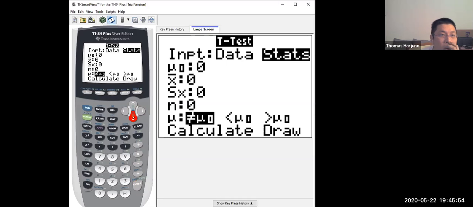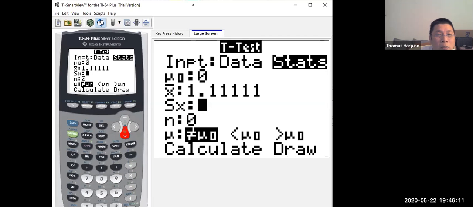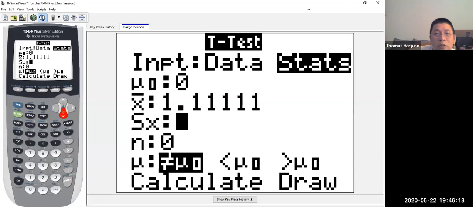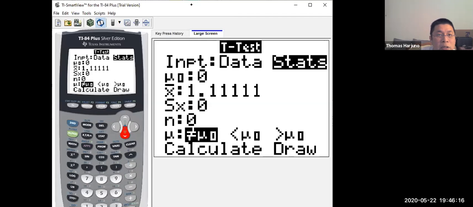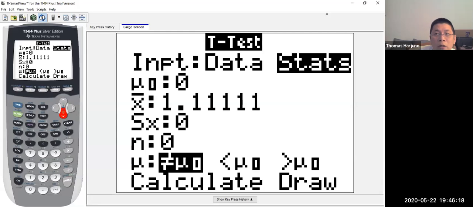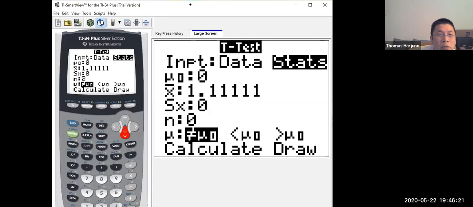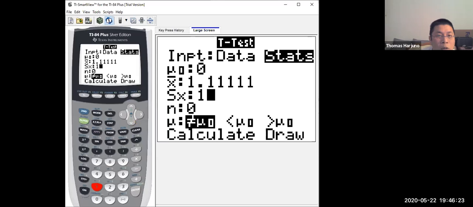Okay, the mu naught is 0. The x bar is 1.11111, and the standard deviation of the difference is 1.76383.